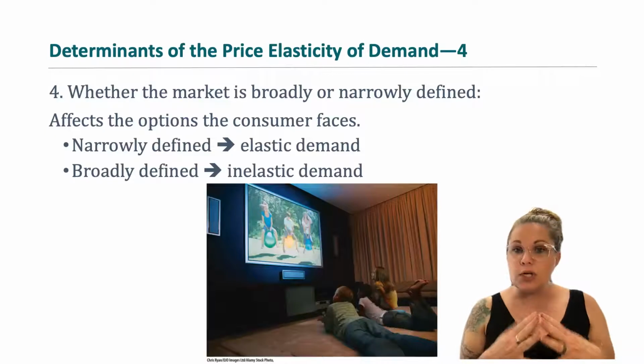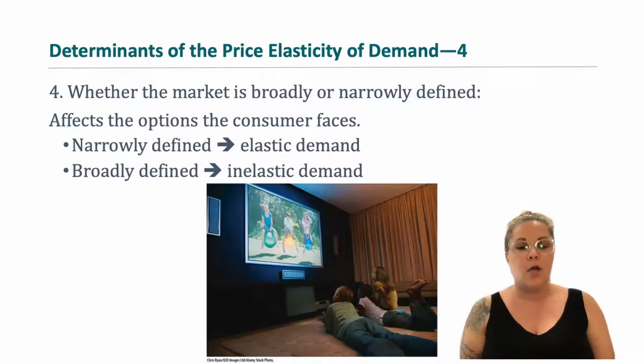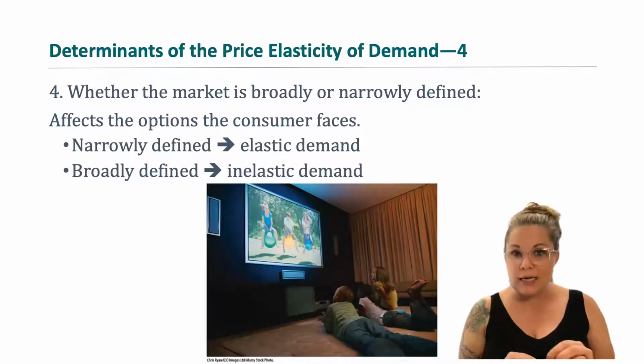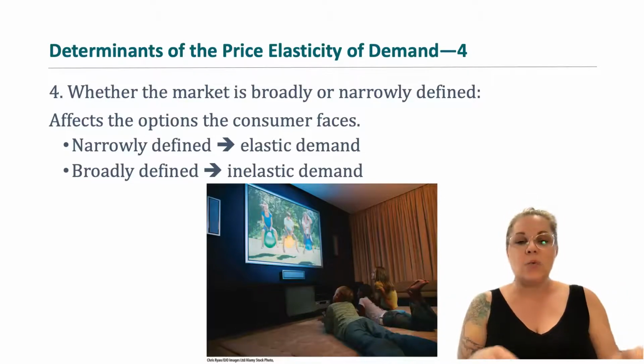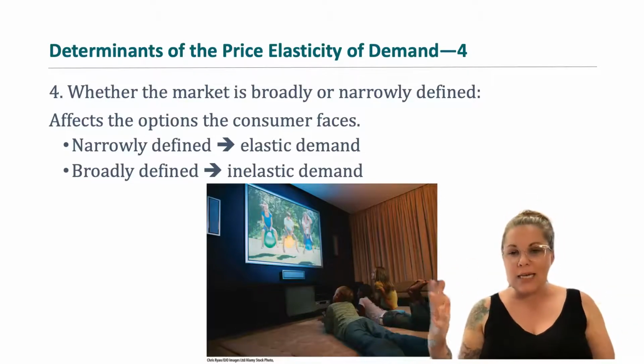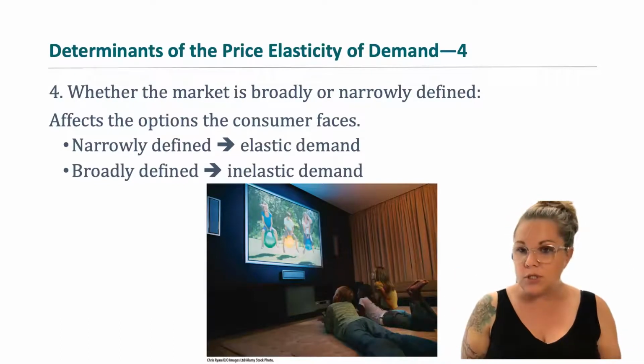Finally, we can also look at the market as a whole to determine whether we've defined that market very broadly or very narrowly. The more narrowly defined, the more elastic the market. Whereas when we define things broadly, they tend to fall into these categories where they have very few substitutes.